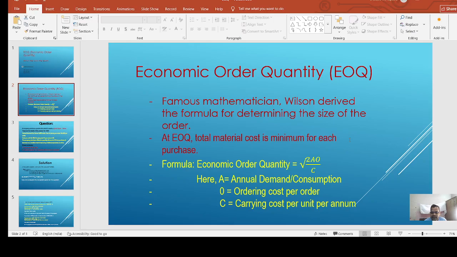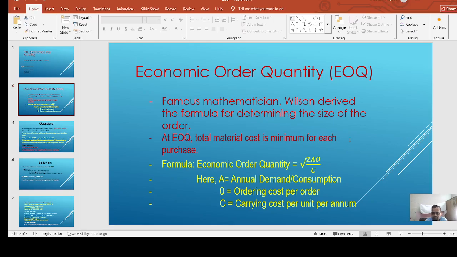So in EOQ, it helps in determination of how much size of the material should be procured for making the product cost at a minimum level. It means the cost of material should be minimum at the level of EOQ.